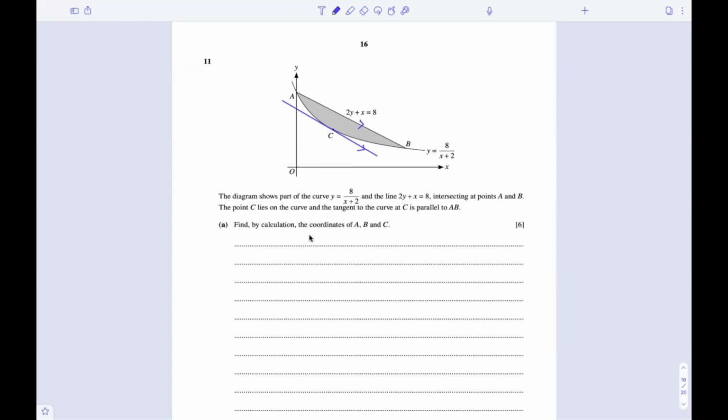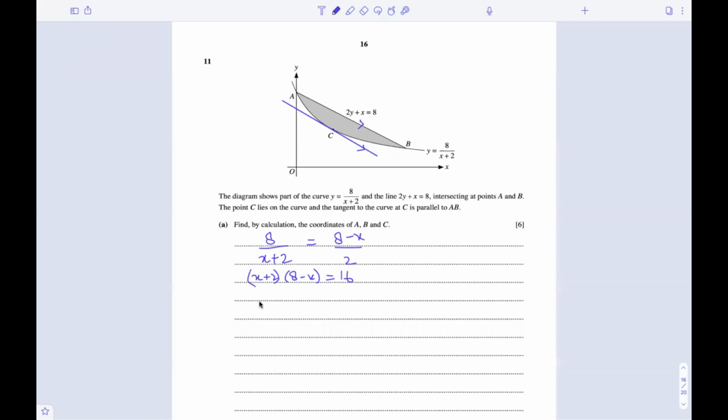To find the coordinates of A and B, we can solve the equation of the curve, which is 8 upon x plus 2, and the equation of the line, which is y equals 8 minus x upon 2, simultaneously. So cross multiplying, we'll get x plus 2 multiplied by 8 minus x is equal to 16.